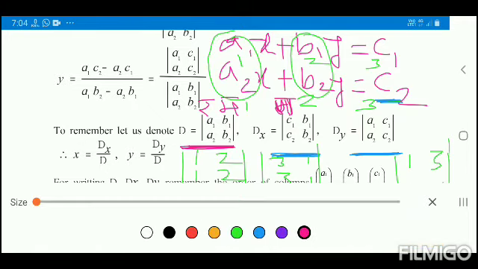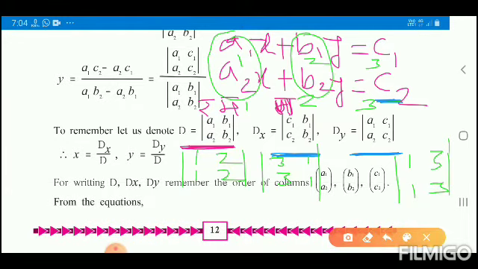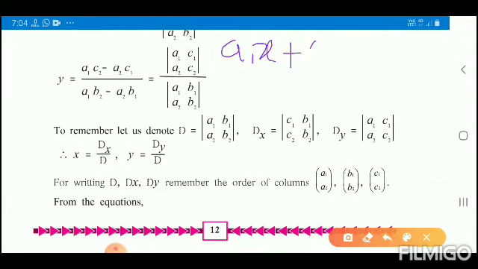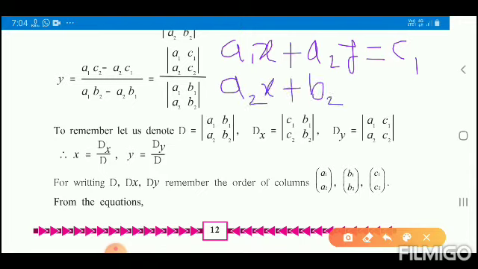Just this name, Ramana, you have to keep in mind. Again I will show you here. Look here what we are doing. Here I have taken a1x, b1y is equal to c1 and a2x, b2y is equal to c2.